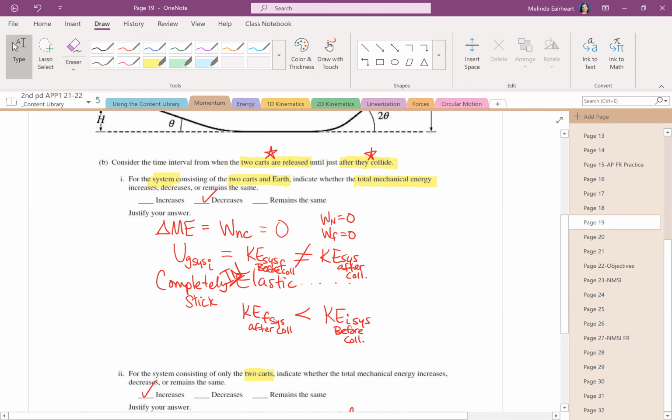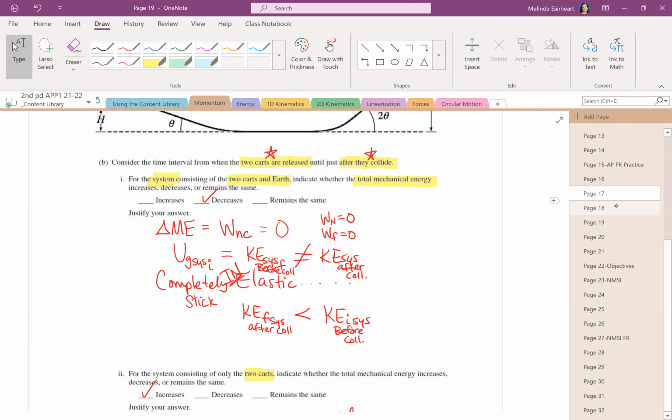Depends on what situation you would look at, right? With the collision piece, it would remain the same, but from the very beginning to the very end, momentum for both systems would increase. They went from no momentum in the very beginning to having momentum at the very end. Okay. So there's that one.